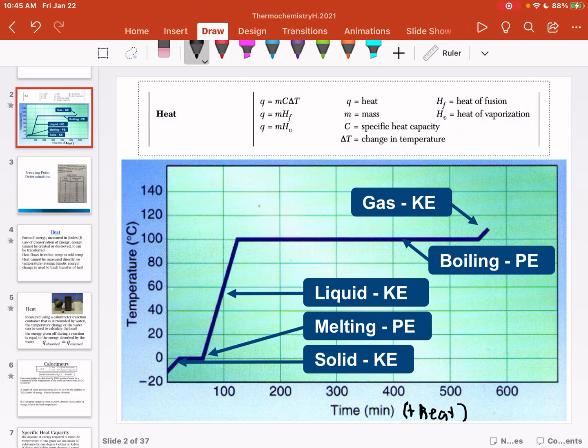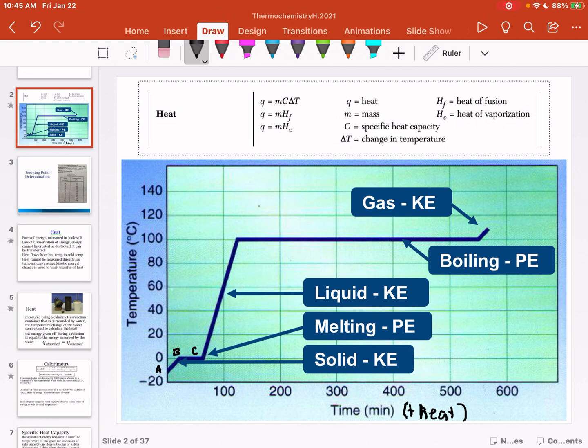So if I were to label these axes, I'll call this first line segment here AB. We can see that we have a solid below its freezing point. And as we heat it, you can see that the average kinetic energy, or the temperature, increases. Then if I examine line segment BC, you can see that we have achieved melting, and we're making that phase change between solid and liquid.